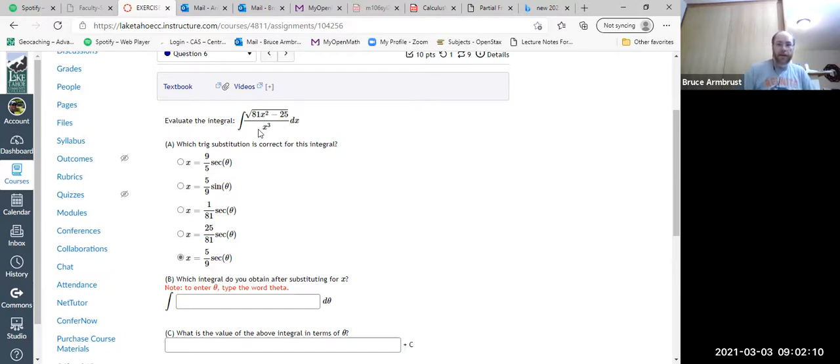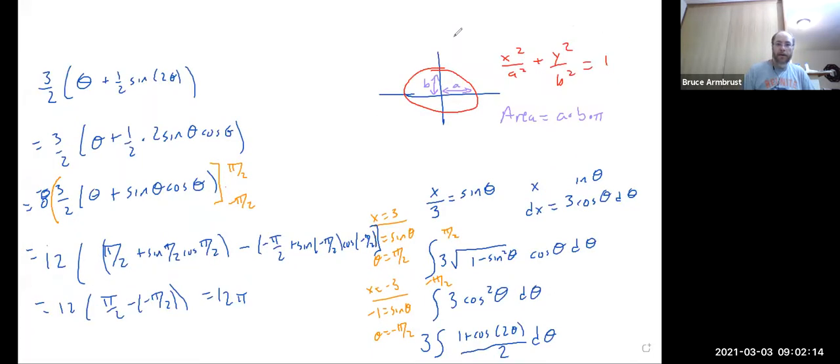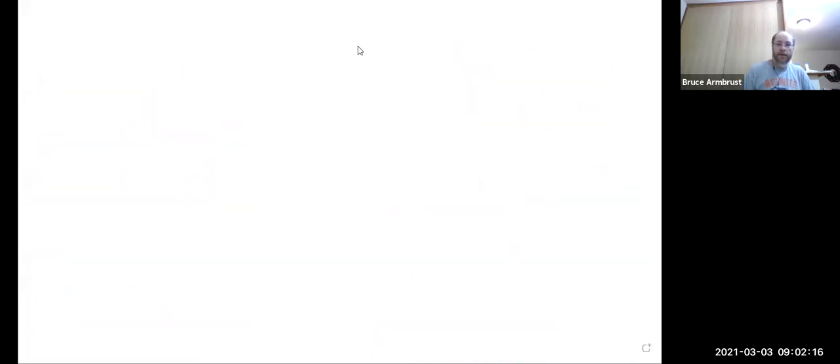All right, so let's go to the whiteboard. We'll get rid of all this garbage. We'll start with fresh garbage. All right, so we have the square root of 81 x squared minus 25 over x cubed dx.